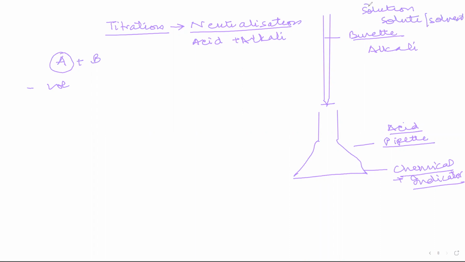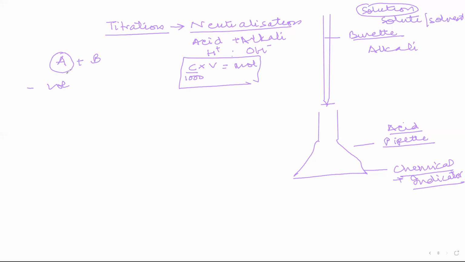And in order to calculate the moles of the solution, we have derived the formula: concentration divided by 1000 into volume. And we are performing the neutralization reaction between acid and alkali. So the acid's H positive ion should be neutralized or cancelled by OH negative ion on the basis of the ratio. ये सारी calculations हम करते हैं.